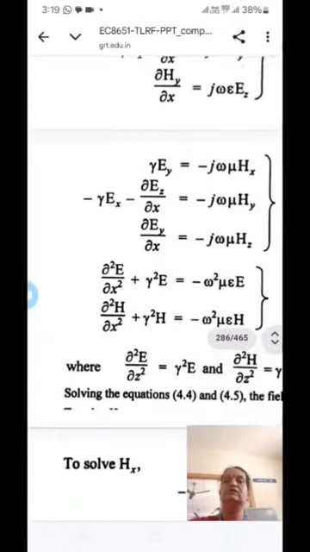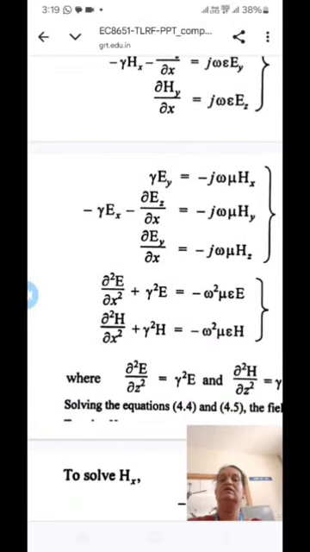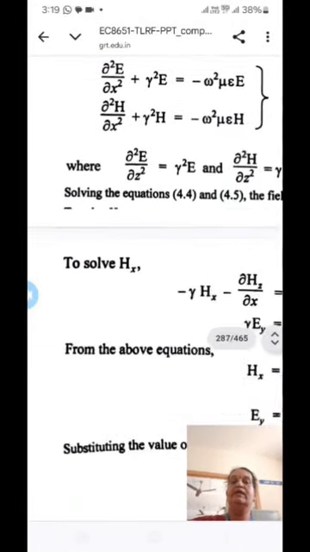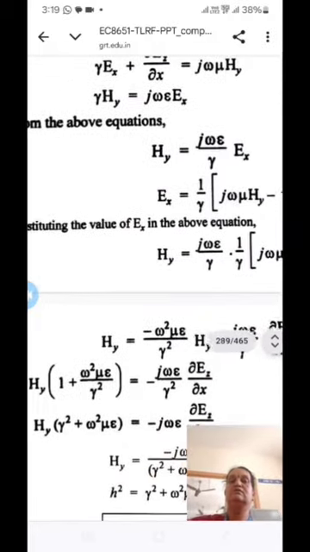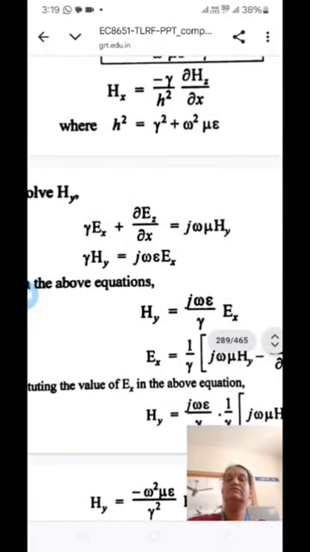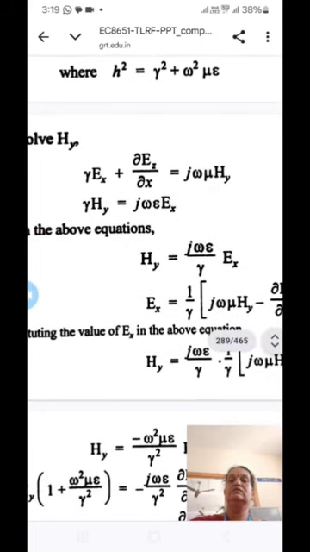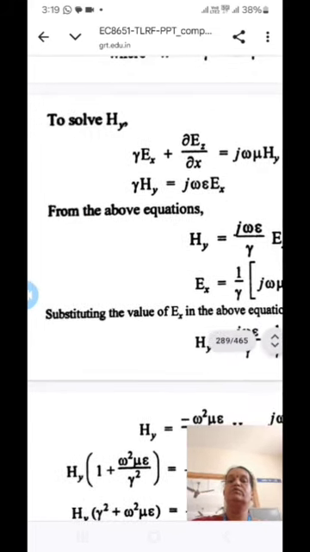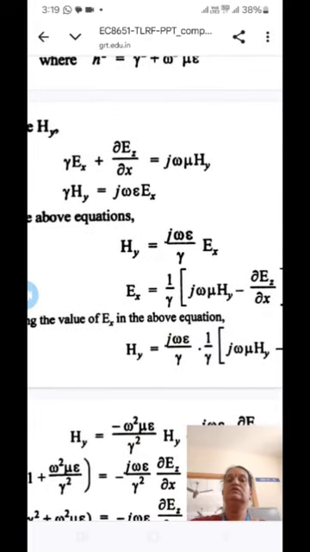Since all are minus, we can take all the terms to be plus. Now we have derived ∂Hy equal to jωε into Ex. Substituting with the above equations, we get Hy equal to jωε by gamma into Ex.